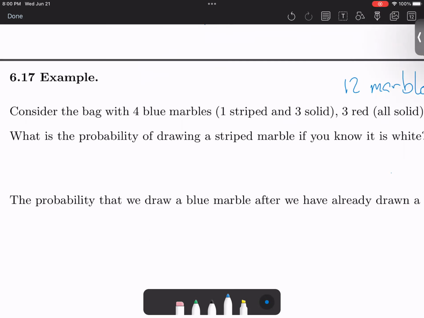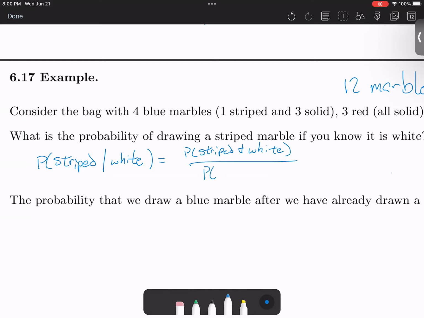All right, so here, the probability of pulling a striped marble, given that we know that it's white, would be the probability of striped and white, right, their intersection, divided by the probability of it being a white marble.